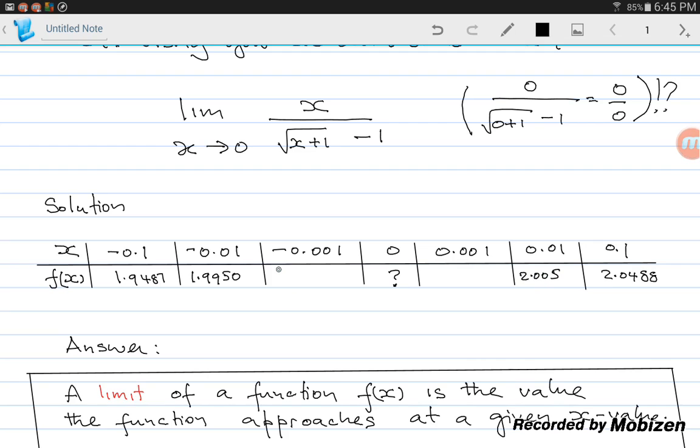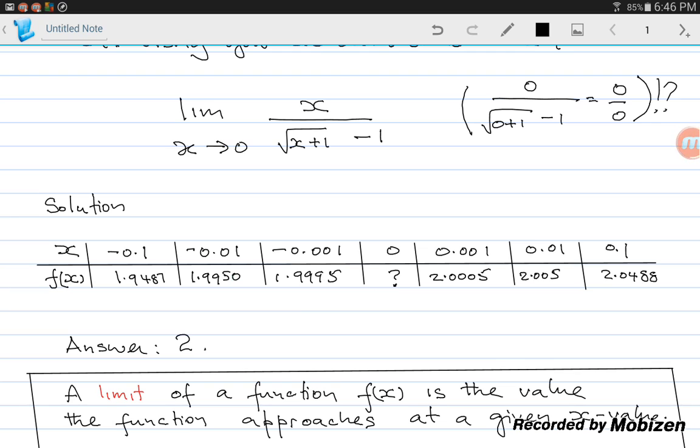At x equal to minus 0.001, I get 1.9995, and at x equal to 0.001, I get 2.0005. And so it appears that our limit is 2, that f of x is tending towards 2.